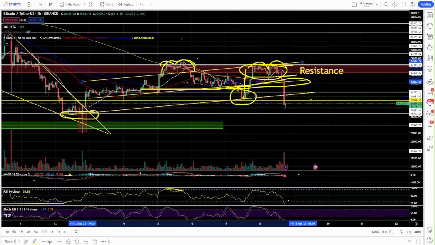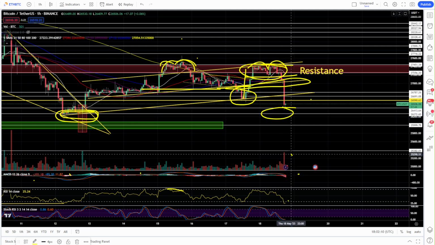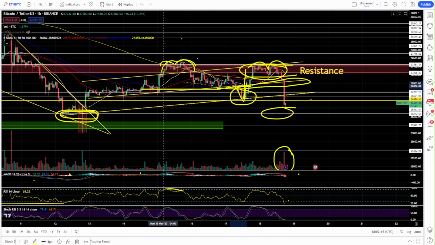So the most important thing right now is you're holding this support level, right? But you see the big volume spike? When I say let volume be your guide, you lost this level. This was resistance, so this key level, right? You lost it.